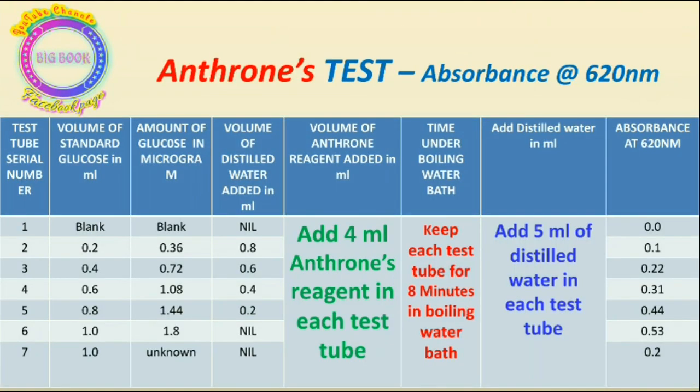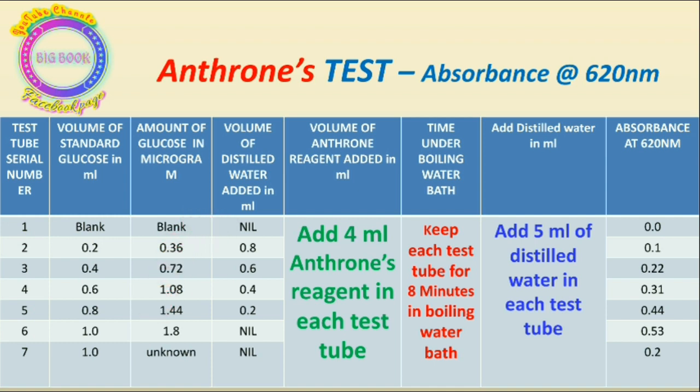Now this is how we are going to make the table within the practical record, where first will be the serial number for the test tubes, and further the volume of standard glucose in ml. Here will be the standard amount of glucose present. For the blank, as it is distilled water, there will be nil glucose.